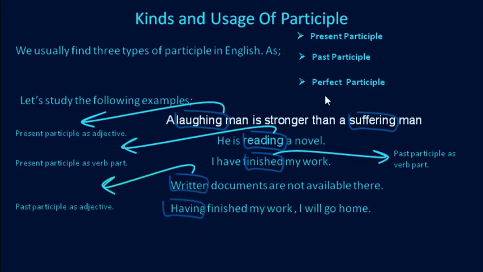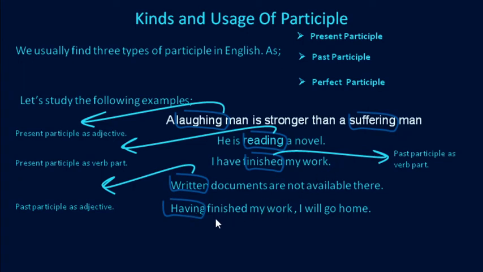Now, the perfect participle will start with having. So, "Having finished my work, I will go home." If you see this structure, having plus V3 form, I am again repeating for you: when you see having plus V3 form, that is called the perfect participle. Here finished is the past participle form, but with having.